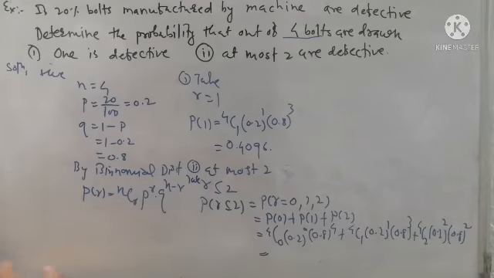By using a calculator we can simplify this, and the answer will be 0.9728. That means the probability of at most 2 bolts out of 4 being defective is 0.9728.